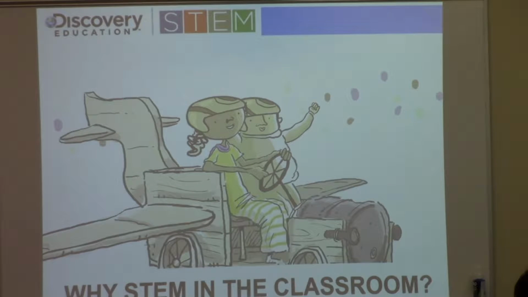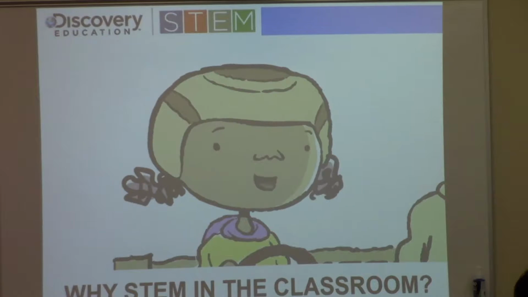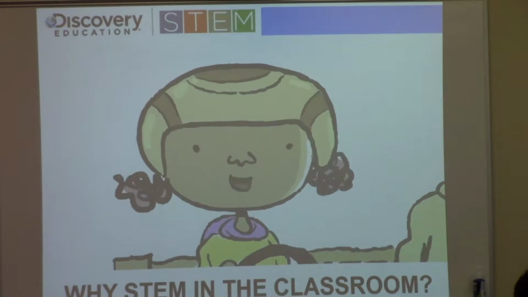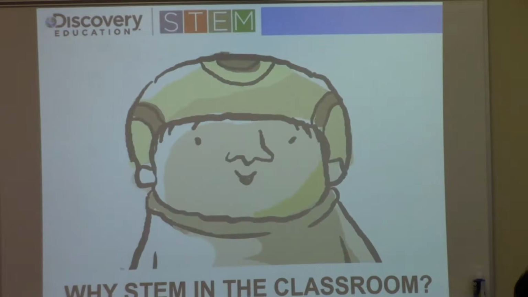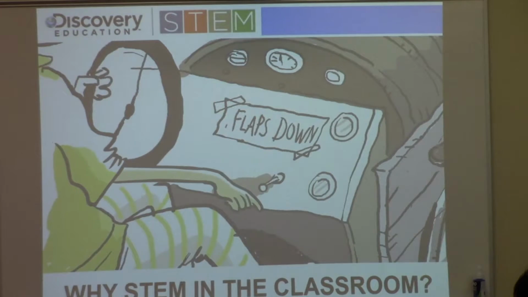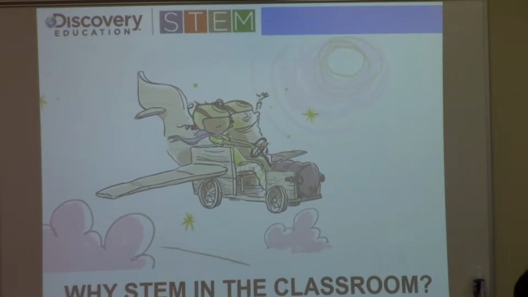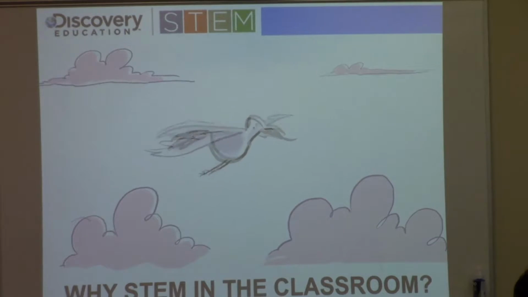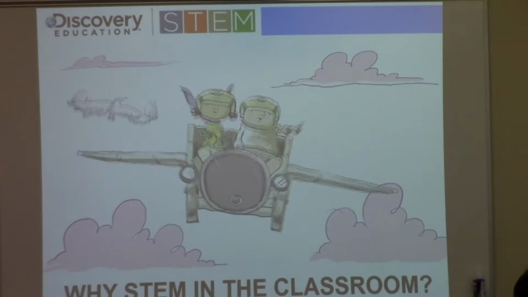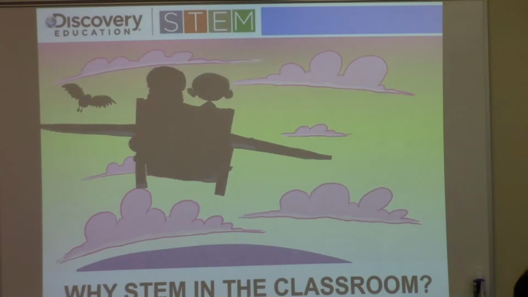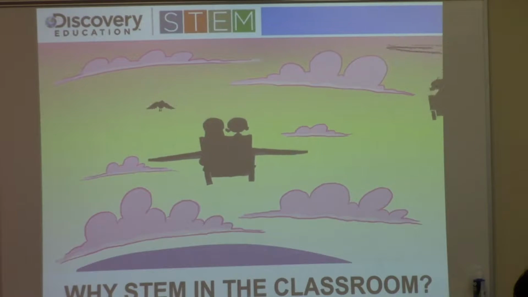"We did it. We finished," said Charlie. "Finished? I don't think so. We've only just begun. Right. Flaps down, throttle up." And off they went. They really were going places. They were going above and beyond.